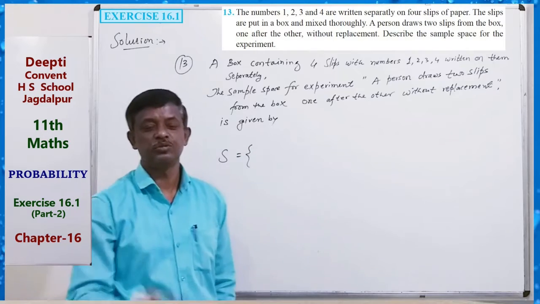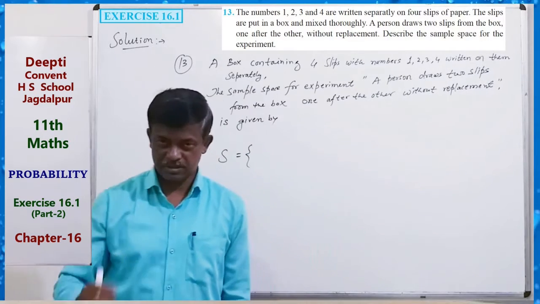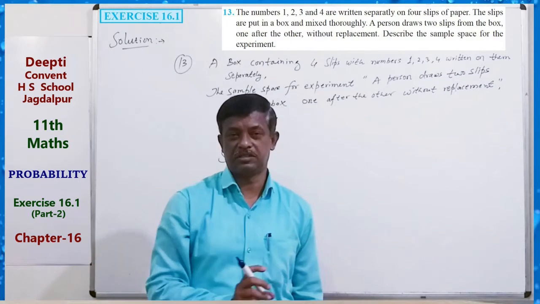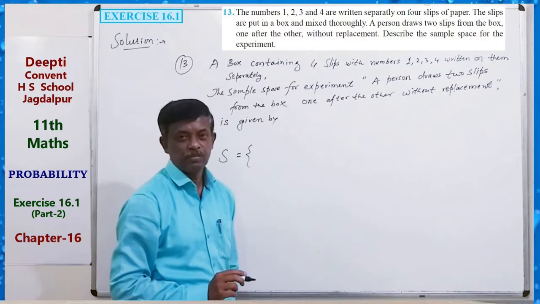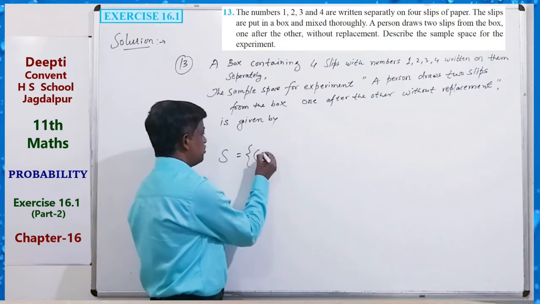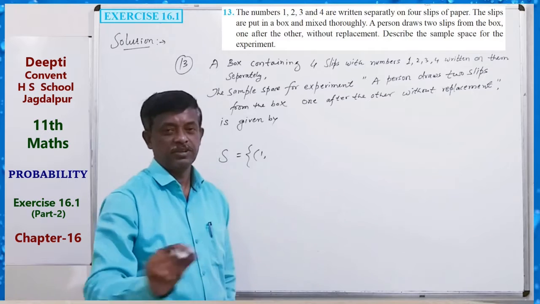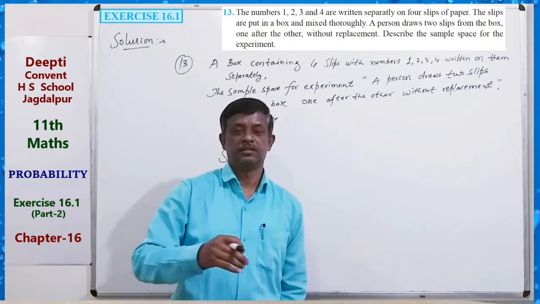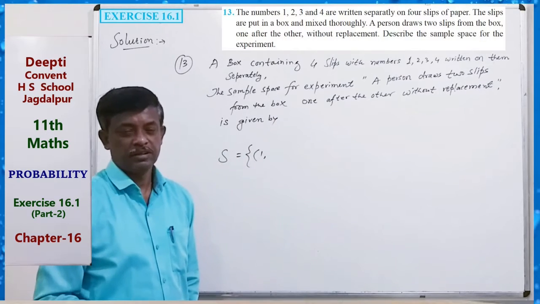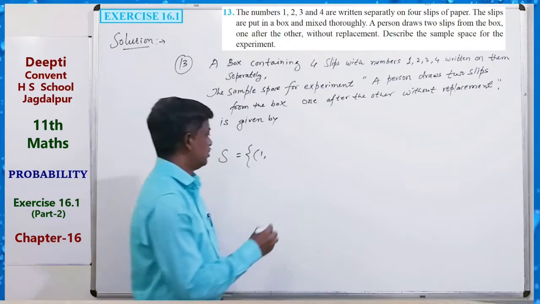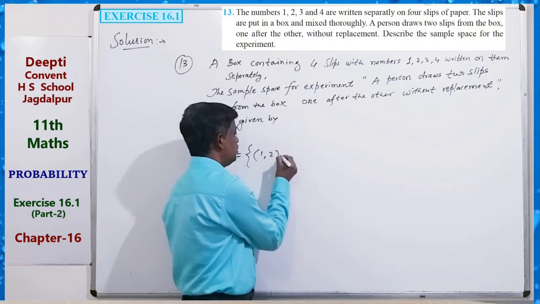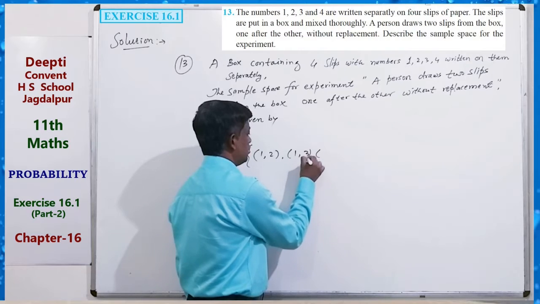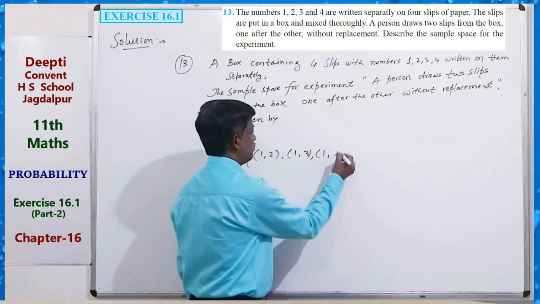Numbers are there, na? Two slips are drawn, so an ordered pair of numbers will be there. If the first number is 1, then the remaining 3 numbers can come with it: 1 2, 1 3, and 1 4.